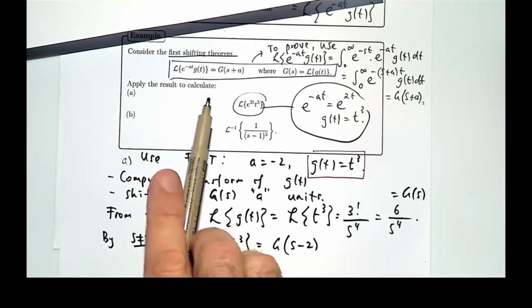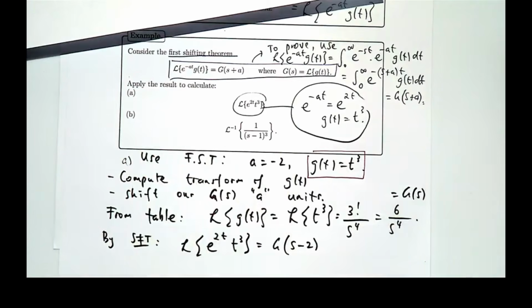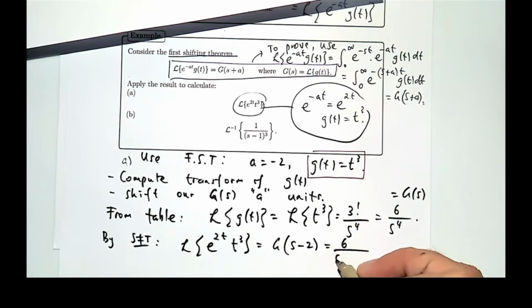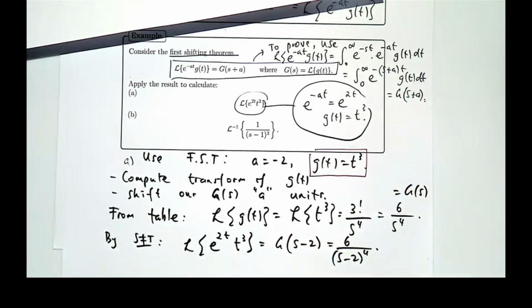So in this case, a is negative 2. All right, so what are we going to get? We just replace s with s minus 2 in brackets. Okay? So it looks easy. It is. It is supposed to be easy, but you've got to be able to use a table, and you've got to be able to make the final substitution.